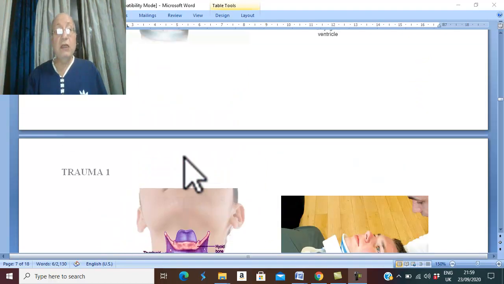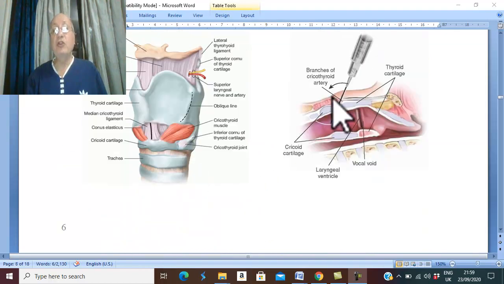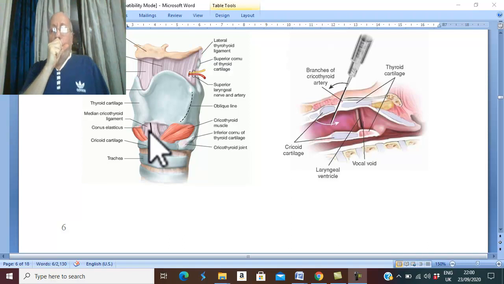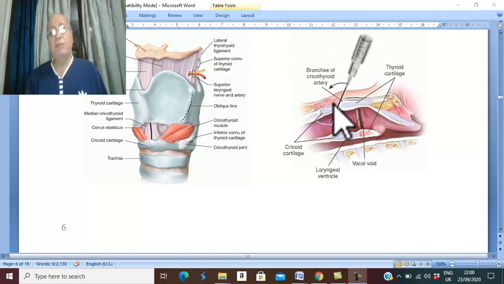Or we can introduce a large bore needle into the cricothyroid membrane, and this is called percutaneous needle cricothyroidotomy. What is the indication of cricothyroidotomy, surgical or percutaneous needle?